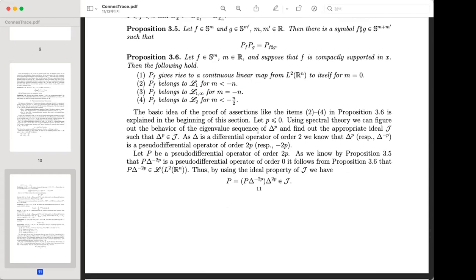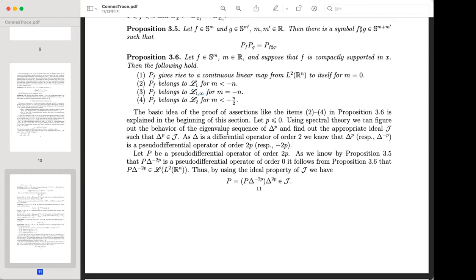So the starting point of studying Connes' trace theorem is that we need to find the appropriate class of pseudo differential operators which belongs to the ideal of weak trace class operators.